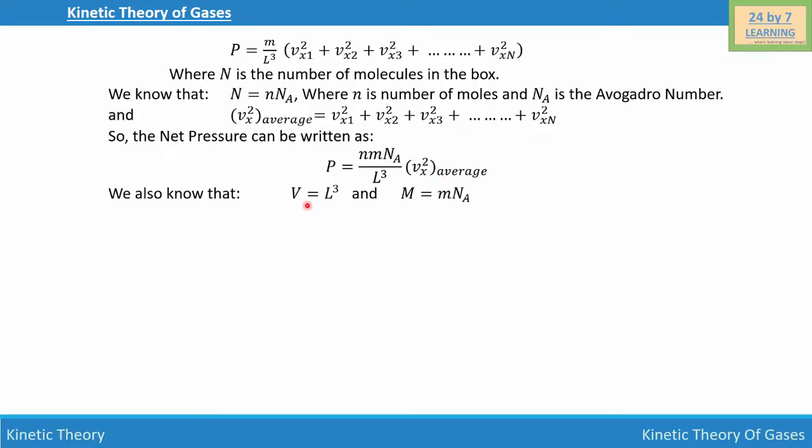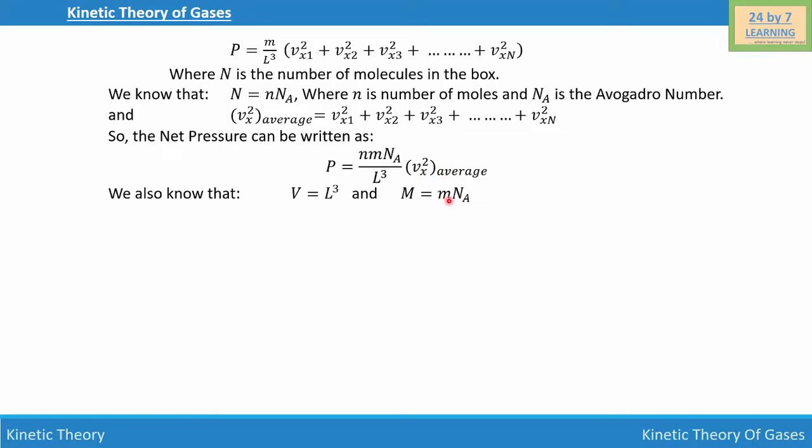Now we know that volume is equal to L cube, and molar mass is equal to the mass of the molecule times Avogadro number. So m and NA can be replaced by capital M and L cube can be replaced by capital V, which is the volume. If we do that, we write P equals N m over V times vx square average.